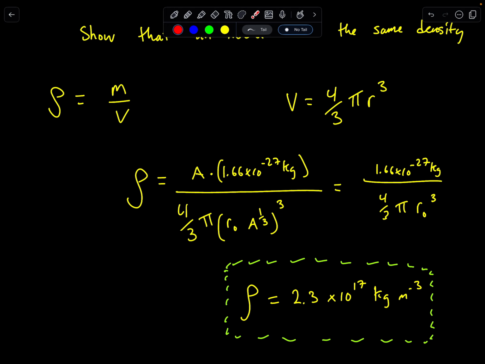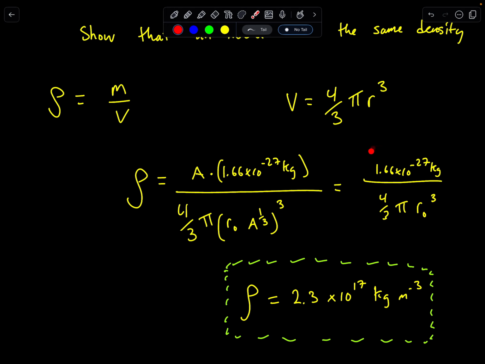Now, once I cube that, I will then get A. So these A's are going to cancel out. And then what I end up getting is the density of any nucleus is just a bunch of constants. So that constant divided by 4/3 pi, the radius of a hydrogen atom to the power of 3.